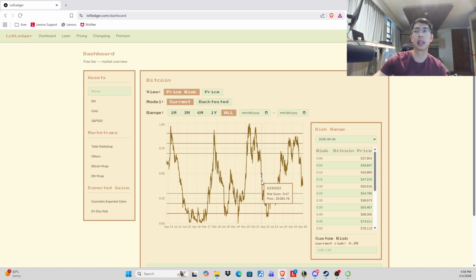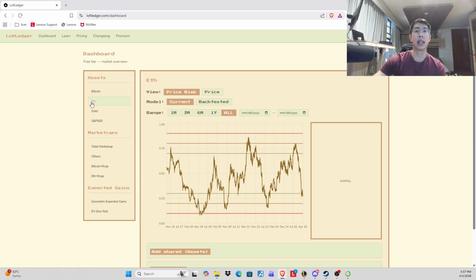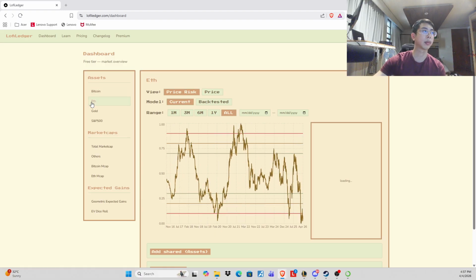And similar risk levels show similar stages in Bitcoin's life cycle, right? So in 2022, even though the price of Bitcoin was only $29,000, it's similar to now at $66,000, right? So this is how to read the price of Bitcoin, and it shows us how the price of an asset moves over time, right?